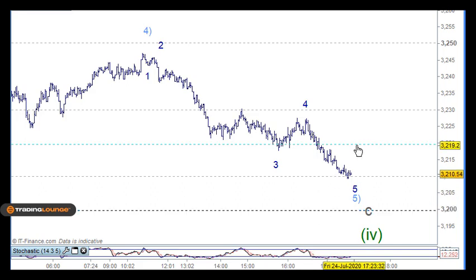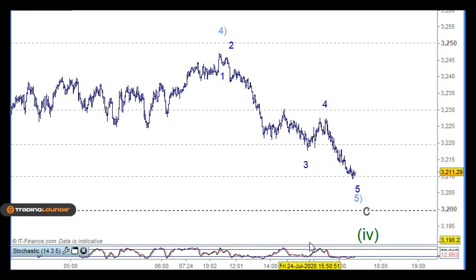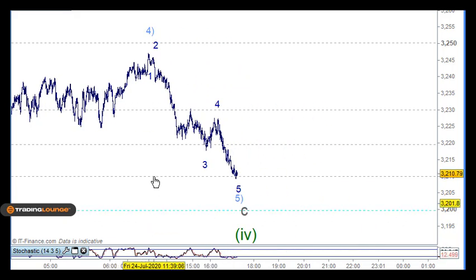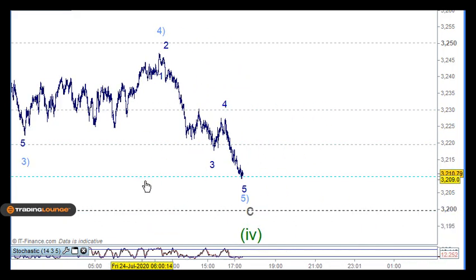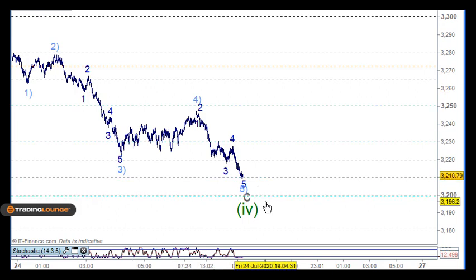Obviously, if the market got onto 3,220 here, then we're going up from that point, okay? But otherwise, we'll still drift down and we'll get the bounce off this number here. So the main point is that we'll have these 5 waves down through here.